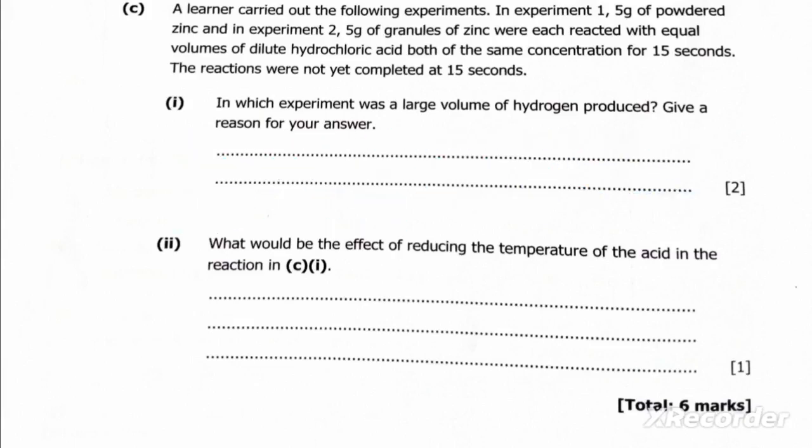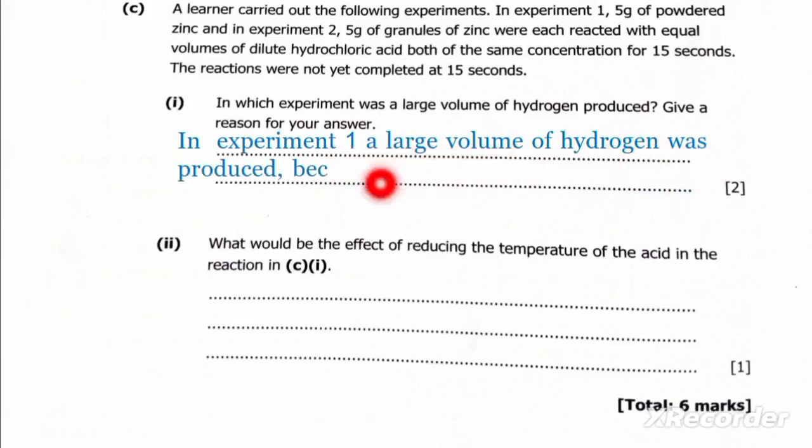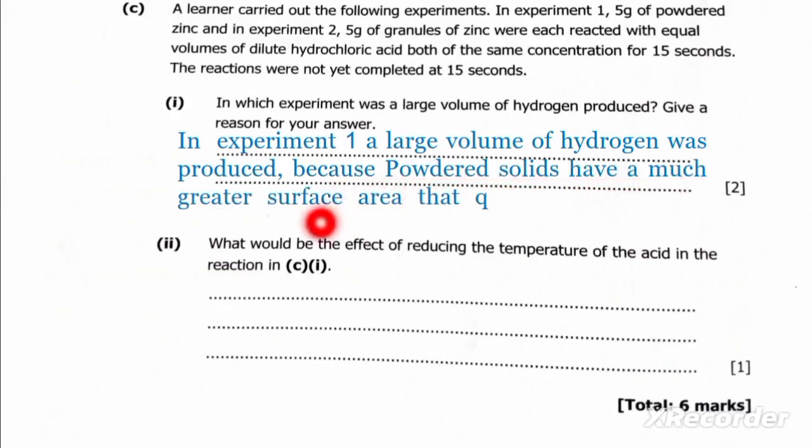Therefore, we are going to say in experiment 1, a large volume of hydrogen was produced because powdered solids have a much greater surface area, which quickens the reaction compared to granules. So the reaction involving powdered zinc will be faster, and therefore a larger volume of hydrogen will be produced.